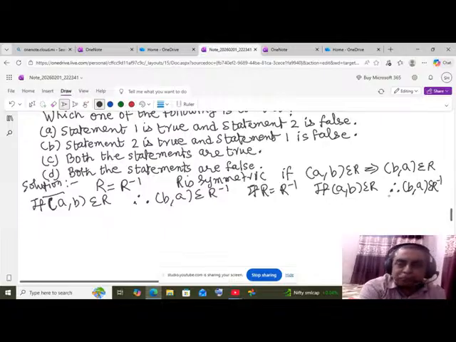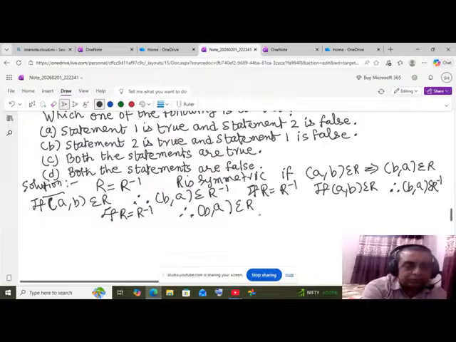And since the relation R equals R inverse, the BA will also be an element of R, because they are equal.